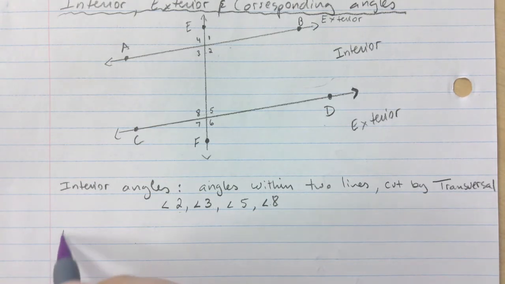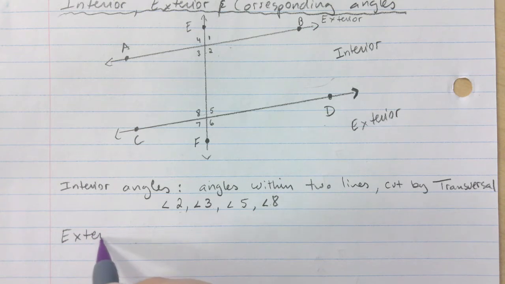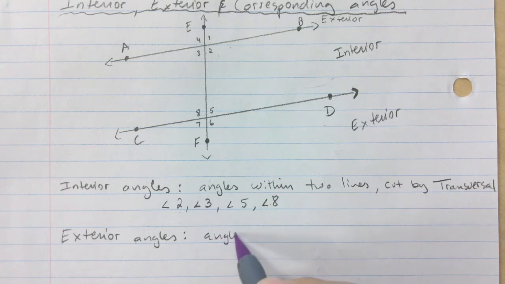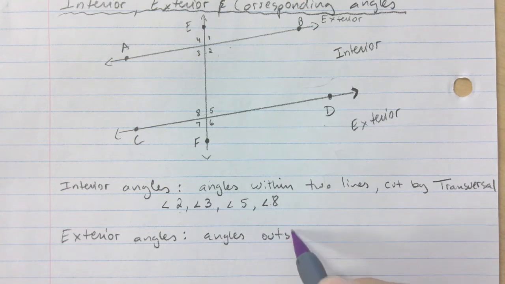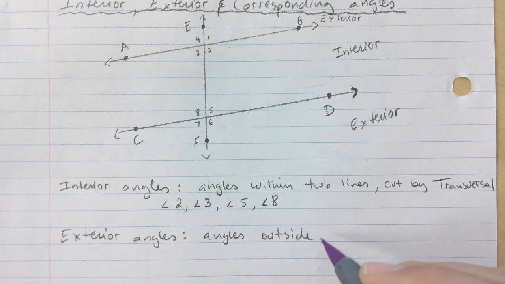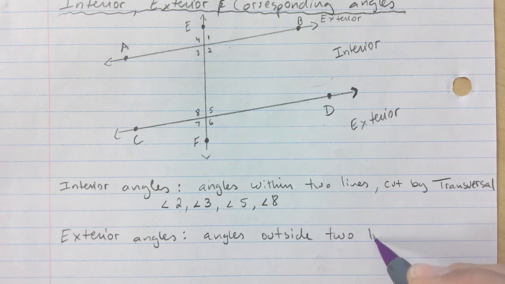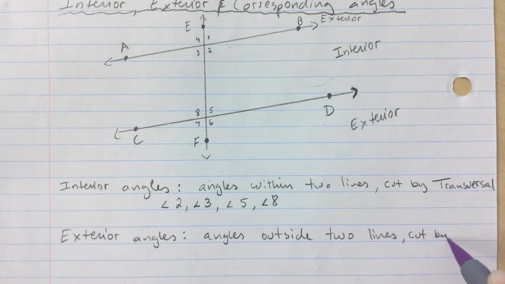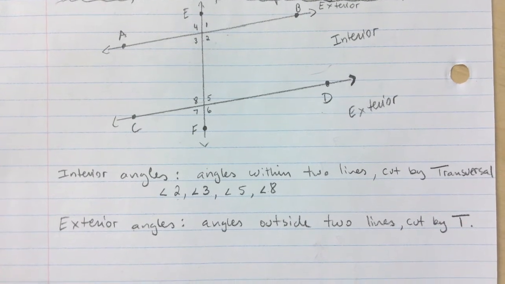So then we have exterior: angles outside two lines cut by T. You're going to know what that means.